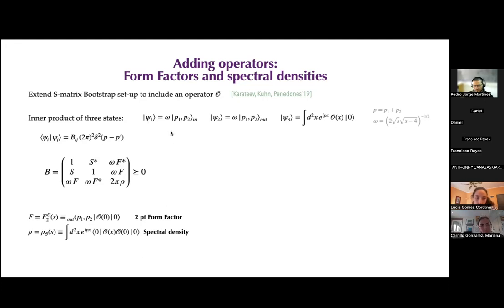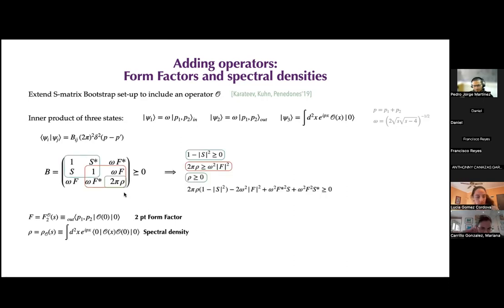And it appears here when you have psi1 with psi3 or psi2 with psi3. And now for psi3 with psi3, you get something called the spectral density, which is a two-point function of the operator, again, Fourier transformed.